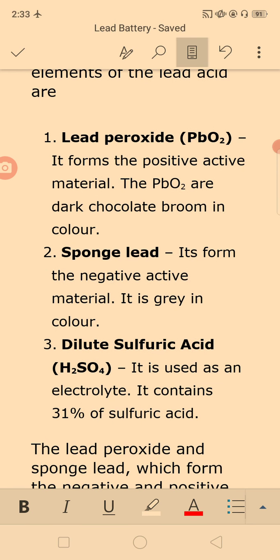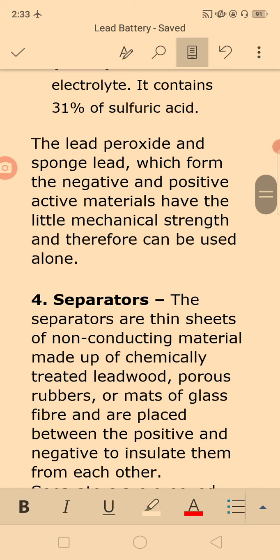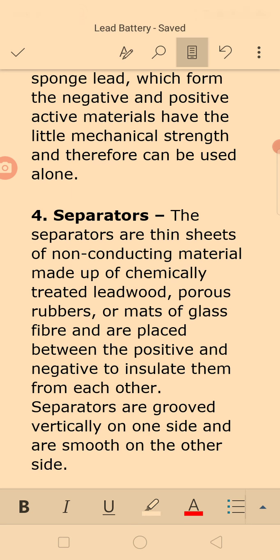Dilute sulfuric acid, 31% sulfuric acid, is used. Separators: separators are sheets of non-conducting material, chemically treated lead wood, porous rubber, or mat of glass fiber, placed between the positive and negative plates to insulate them from each other. Dear student, the separators are vertically placed side by side.